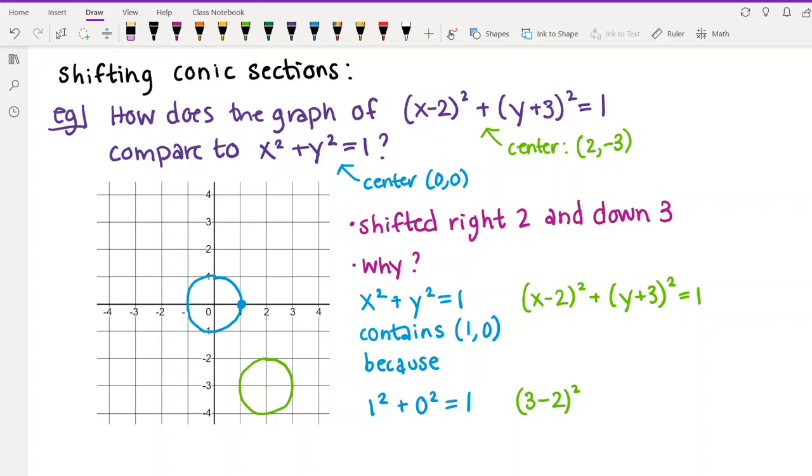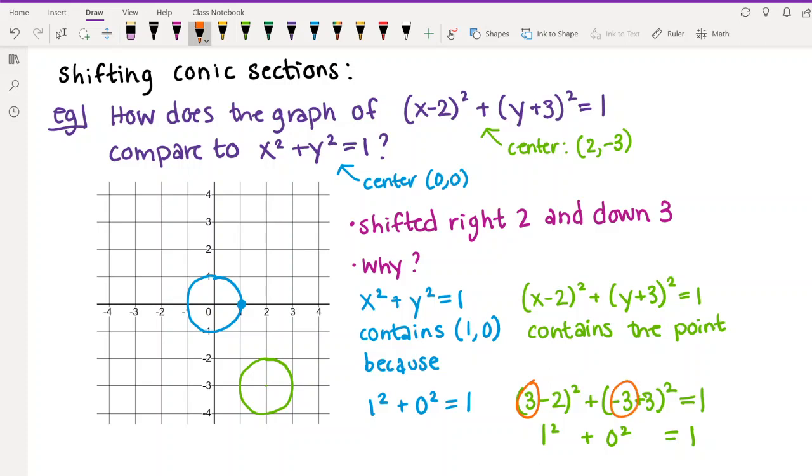Well, if we plug in -3 for y, that will give us 0. So that would be 1 squared plus 0 squared is equal to 1. So what numbers did we actually plug in for x and y? We plugged in 3 and -3. So this contains the point 3, -3, because when we plug it in, we get a true statement.